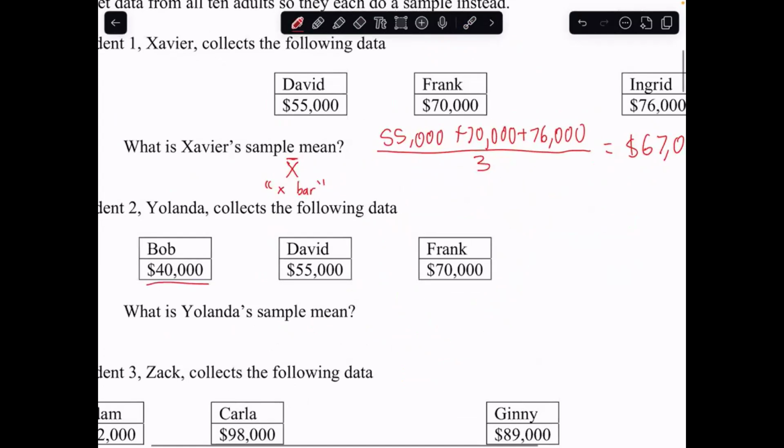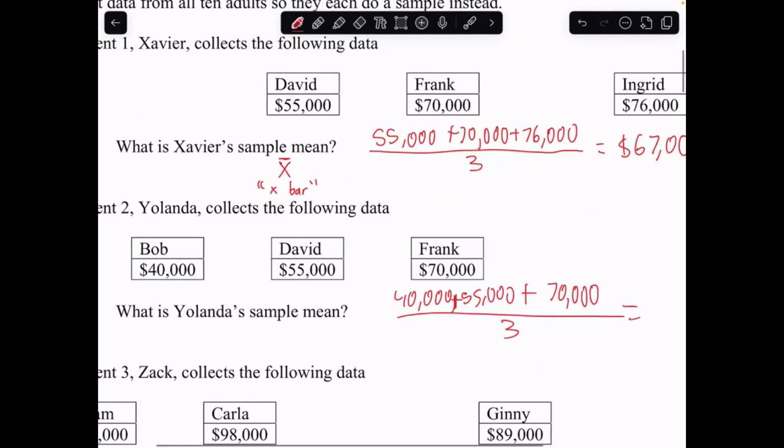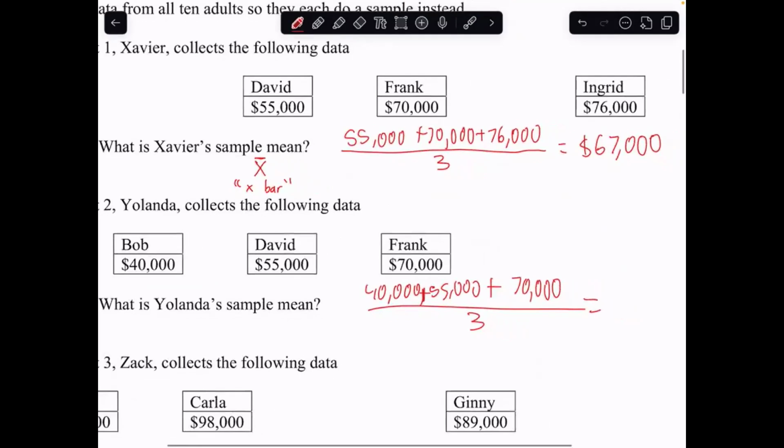For her, the three data points are 40,000, 55,000, and 70,000. So we add those together, plus, and this comes out to 55,000.